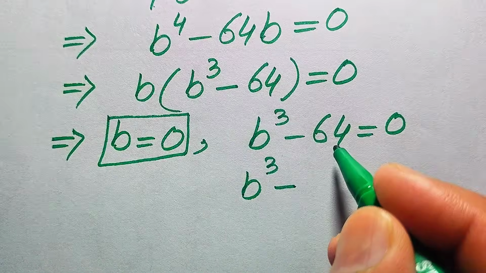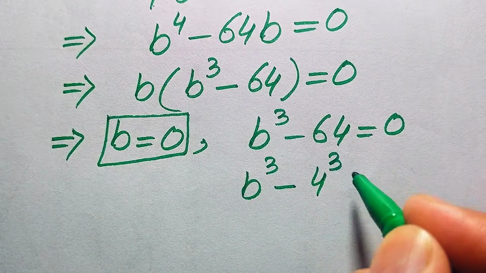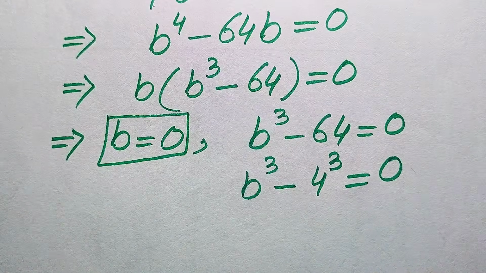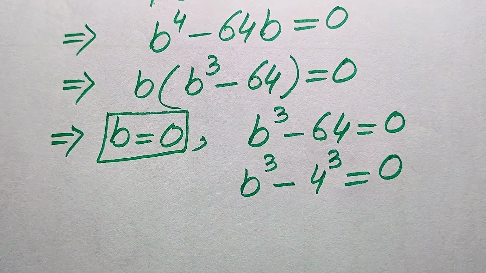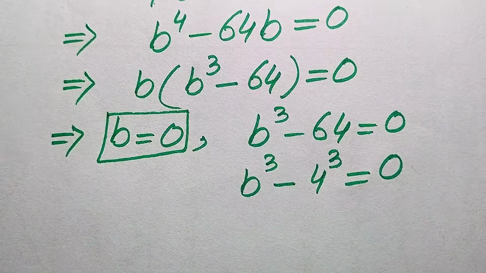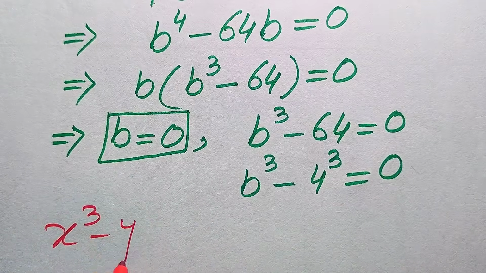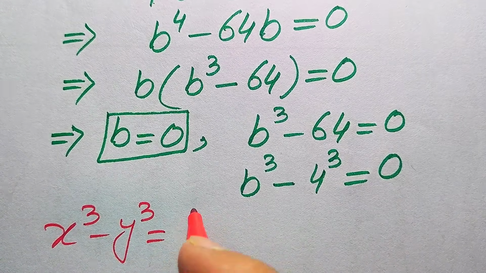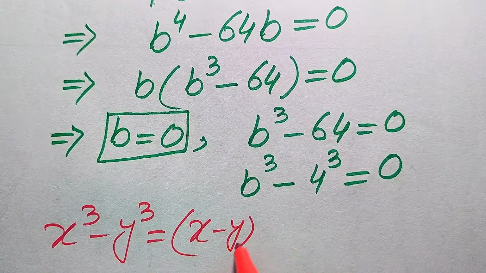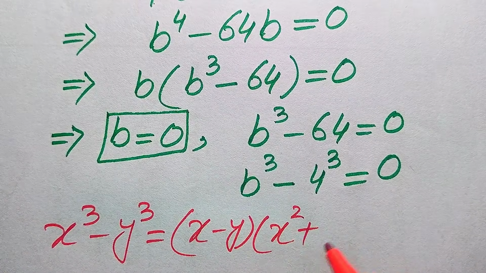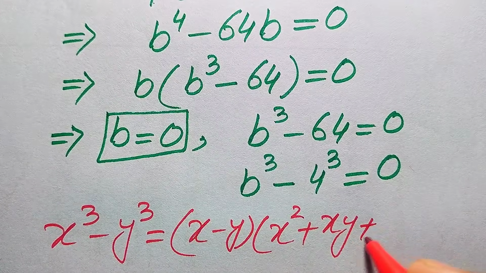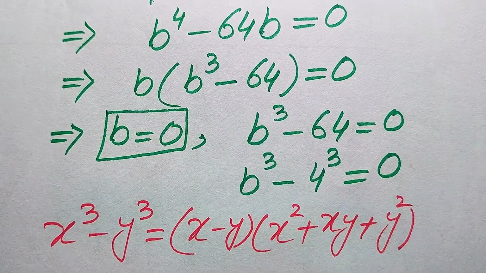And now we rewrite this equation, b cubed minus 64, as b cubed minus 4 cubed equals 0. So here we use the nice cubic formula. You know about that: if we have x cubed minus y cubed, it equals x minus y times x squared plus xy plus y squared.